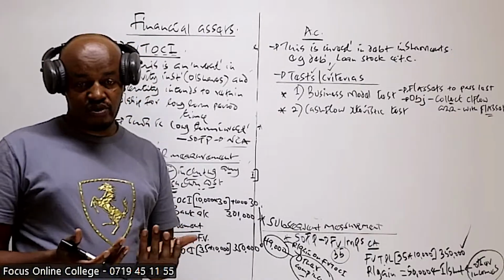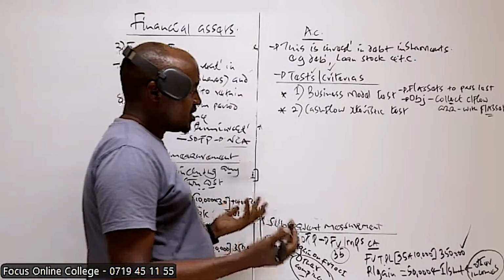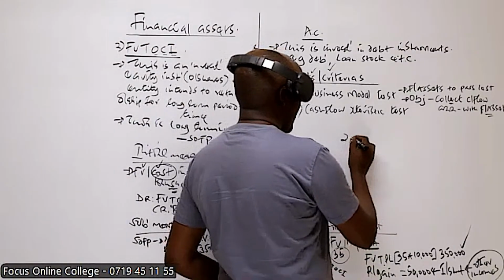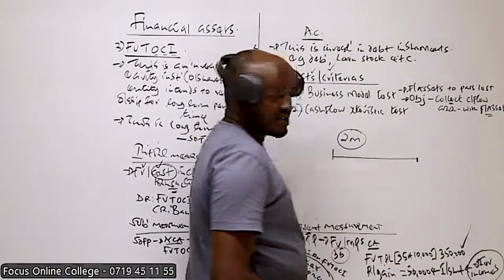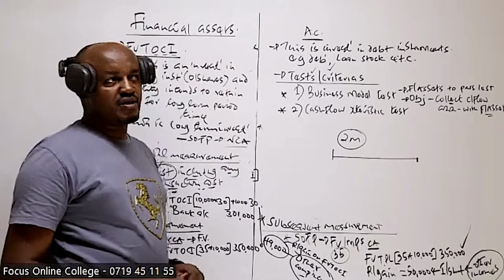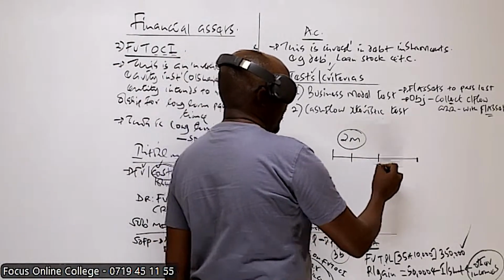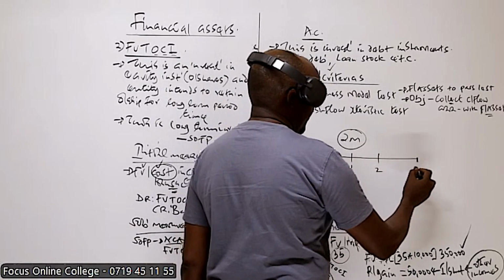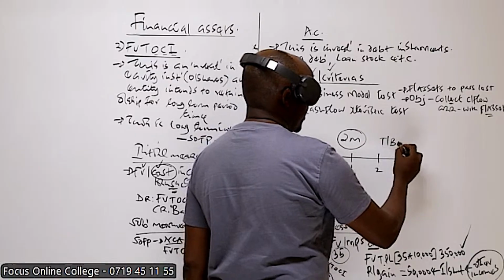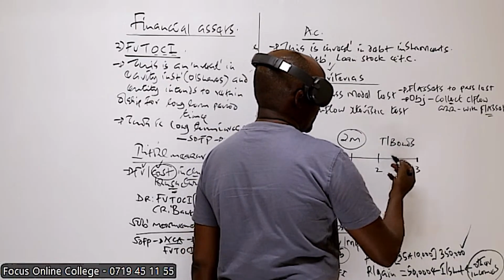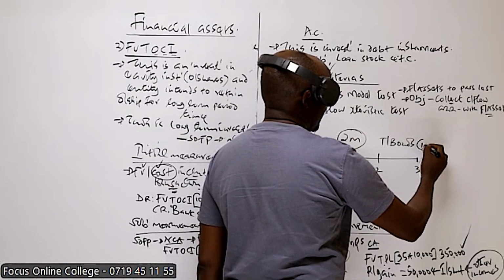A good example: if today you have some idle cash, like 2 million somewhere, and the government is issuing treasury bonds having a life of 3 years, paying an interest of something like 12%.